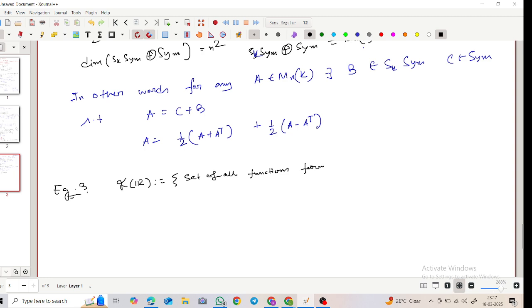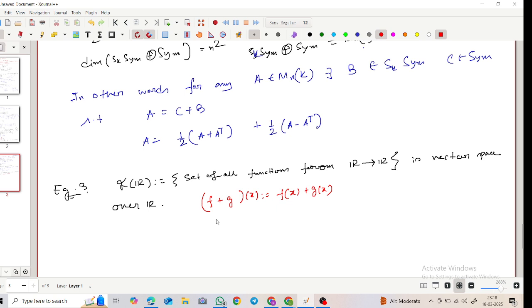This is a vector space over R. You understand the operation? F plus G of x is just f(x) plus g(x). That's the addition. And if c is any scalar, cf of x is defined to be c times f(x).